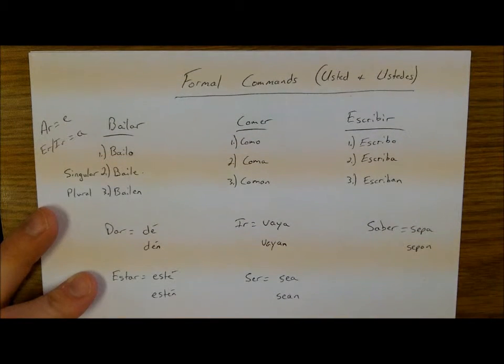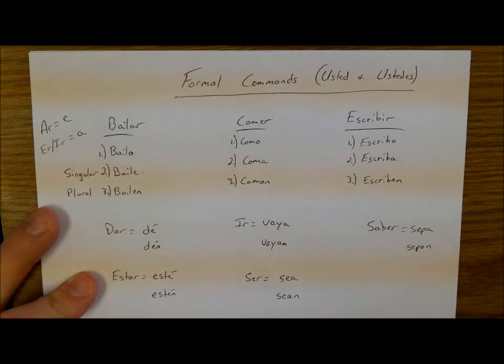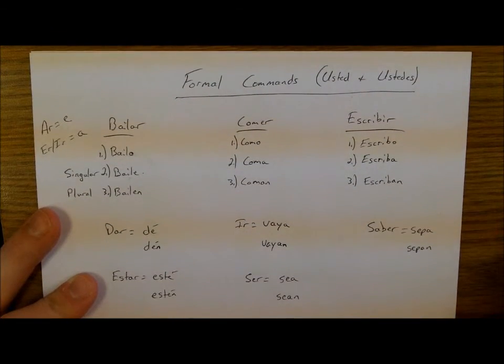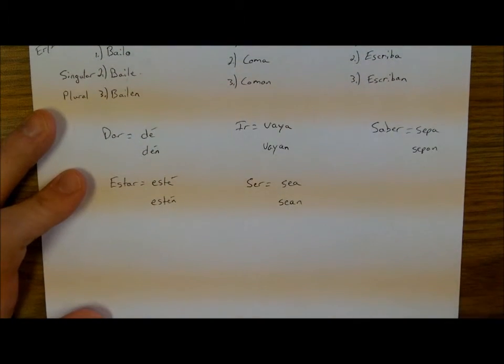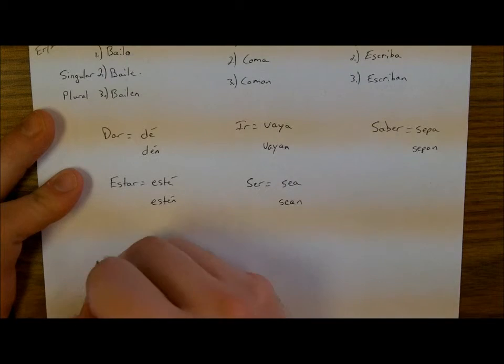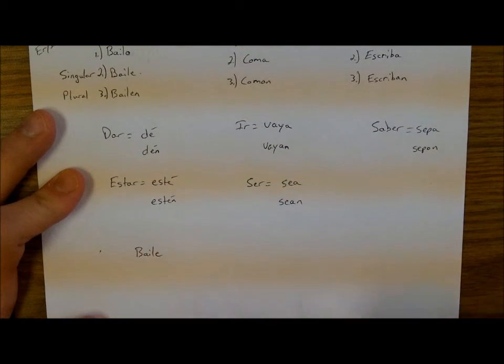So next, let's move on to how to make these negative. We'll first start off with usted, and then we'll go to the ustedes. So as we're moving down here, if I want to say don't dance, we know that I had baile before for our positive command.